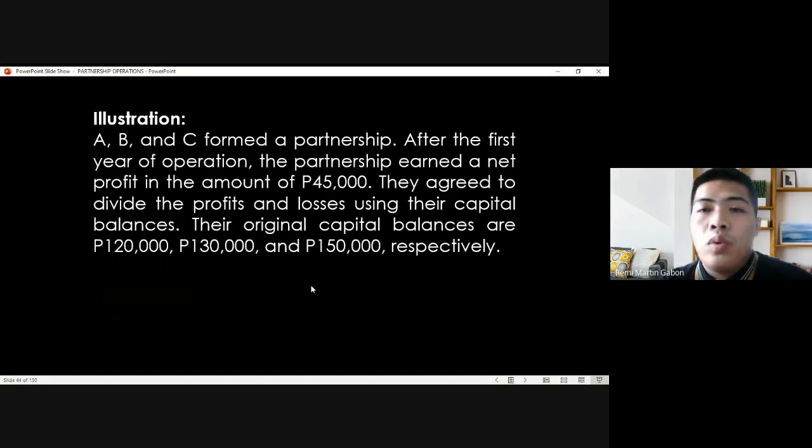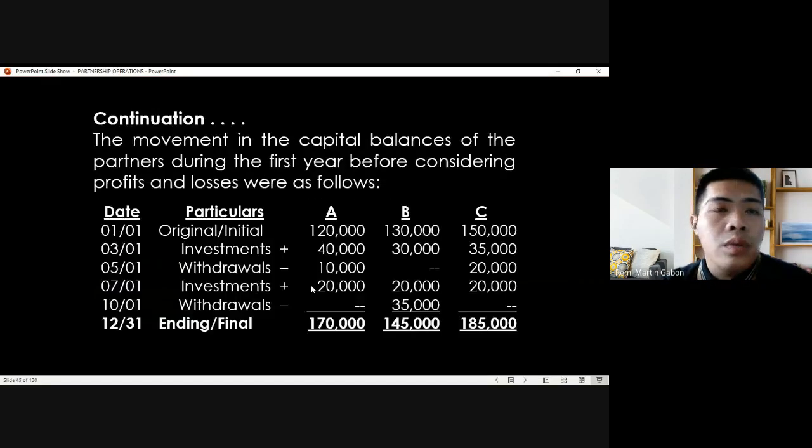You're given the original capital balances, meaning the original investments, of 120,000, 130,000, and 150,000 respectively. Then the movement in the capital balances of the partners during the first year, before considering profits or losses, were as follows.